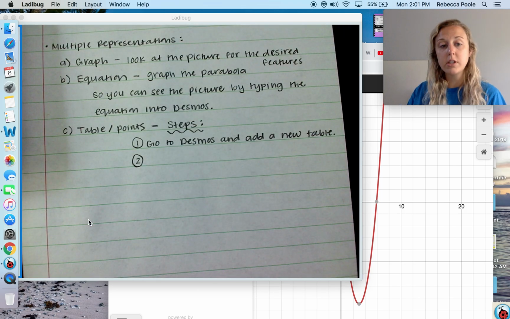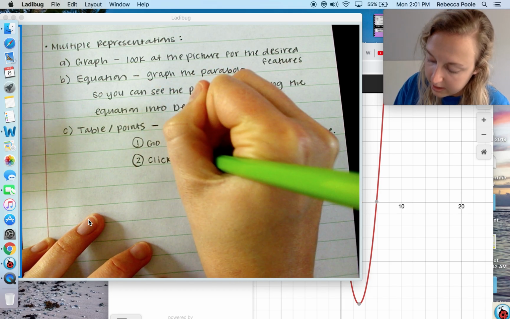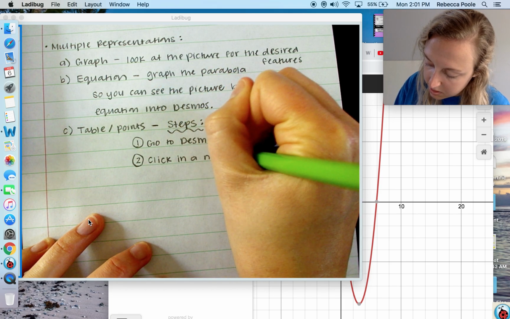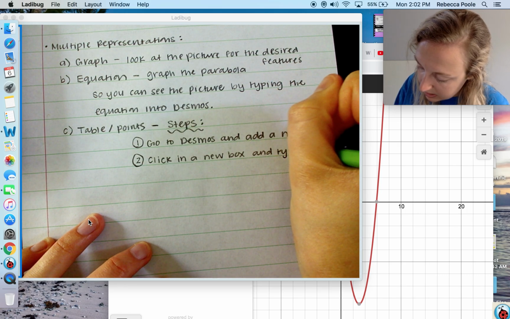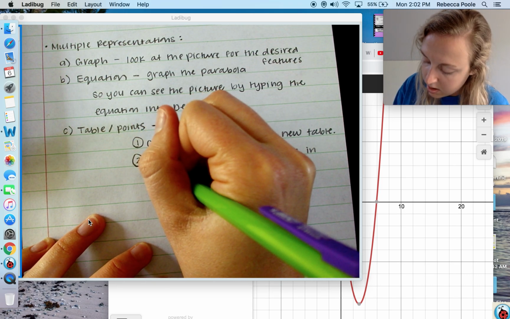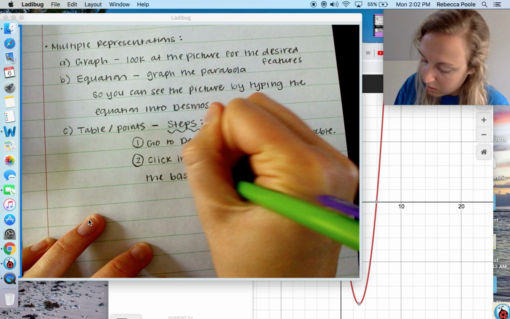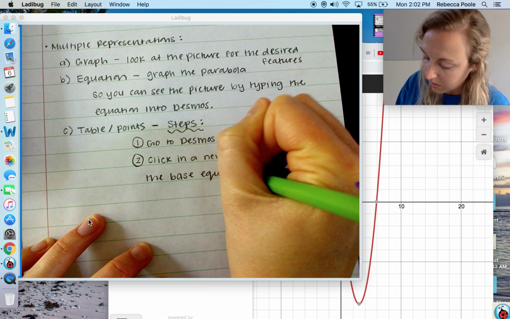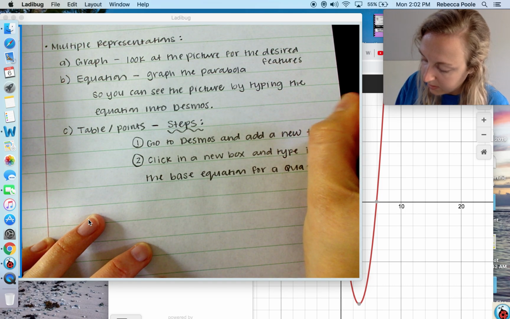After you add your table, and this will make sense once we do it, we're going to click in a new box and type in the base equation for a quadratic.